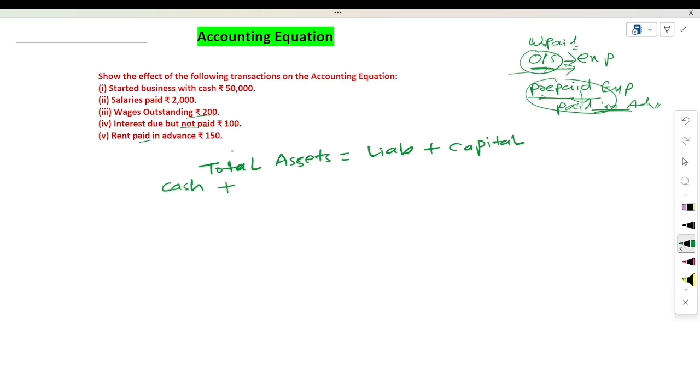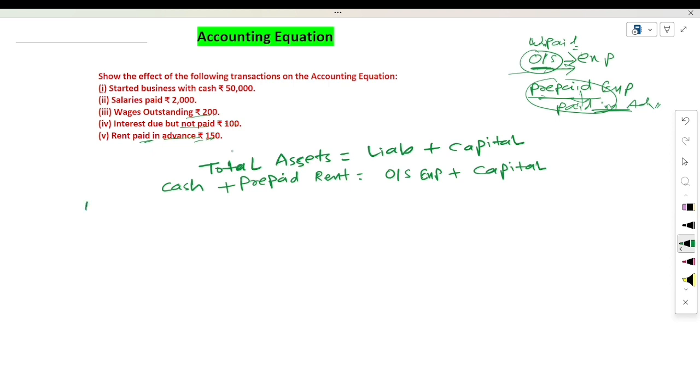And transaction 5, rent paid in advance, this is prepaid. Prepaid means it is creating an asset. So we will write here cash plus prepaid rent. Here the liability created is outstanding expense, plus capital will be as it is.